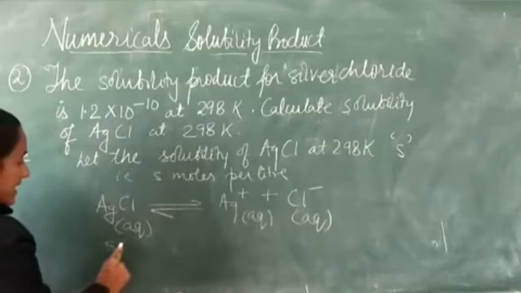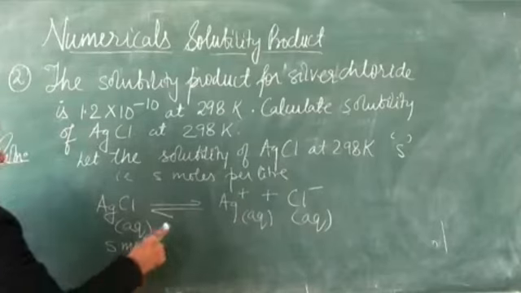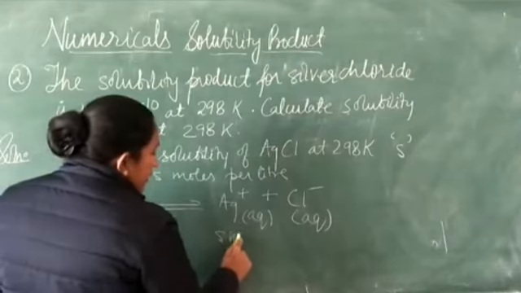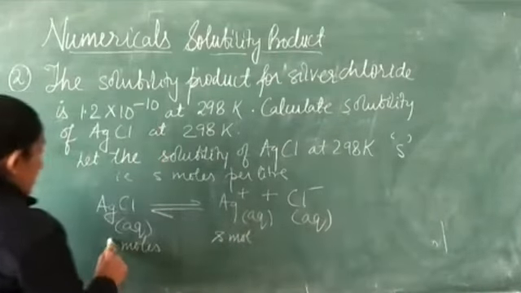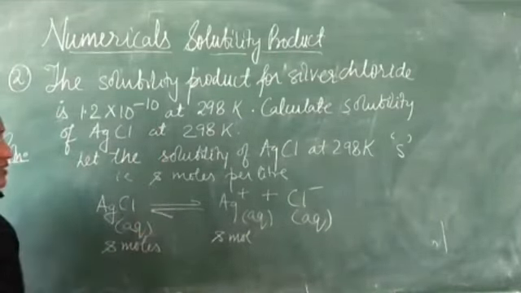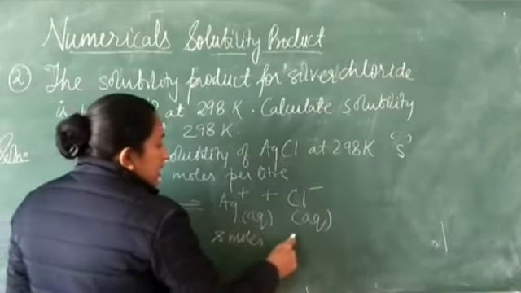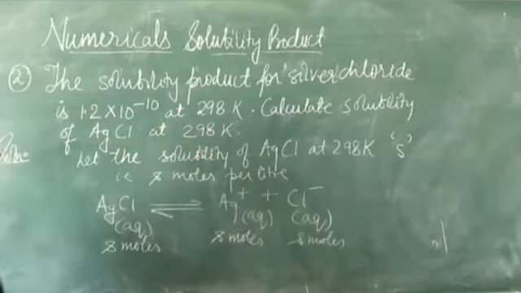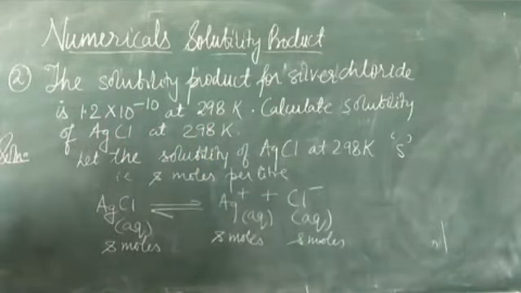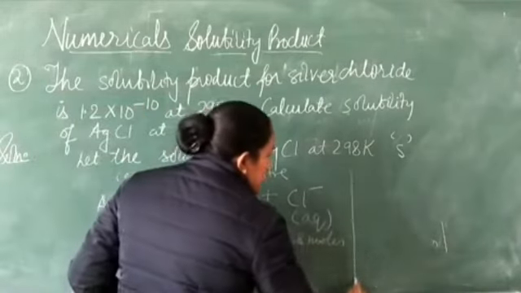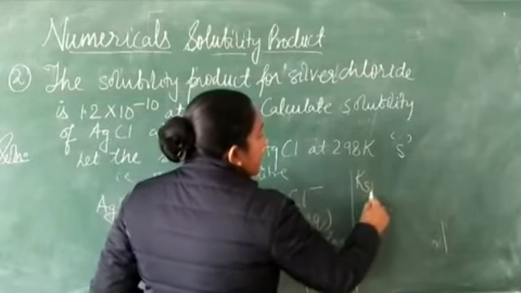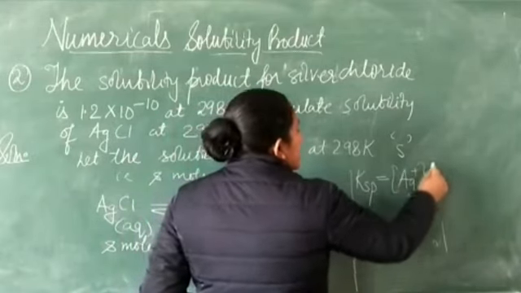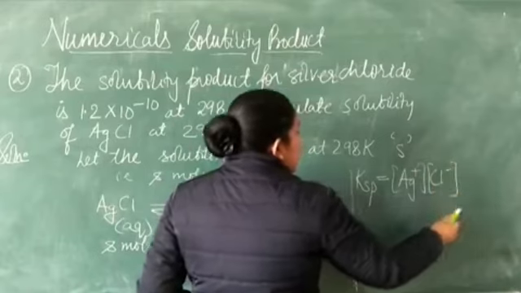So if S moles of AgCl are getting dissolved per liter, then S moles of Ag plus and S moles of Cl negative will be present per liter of the solution. Now we will write down the expression for KSP. It is the product of Ag plus and Cl minus.